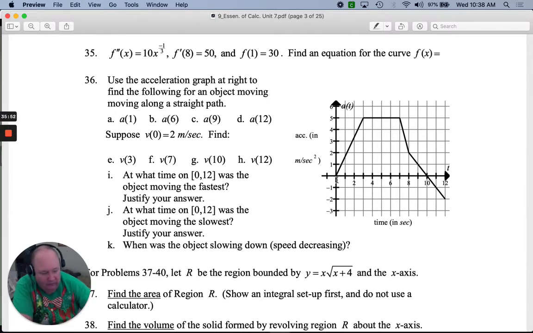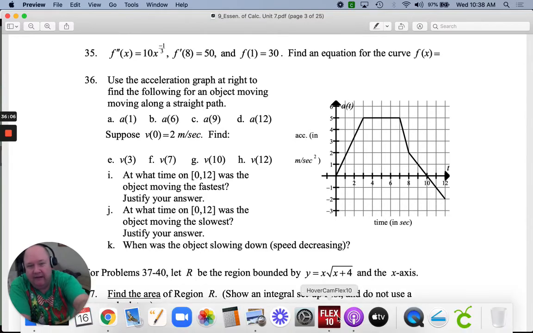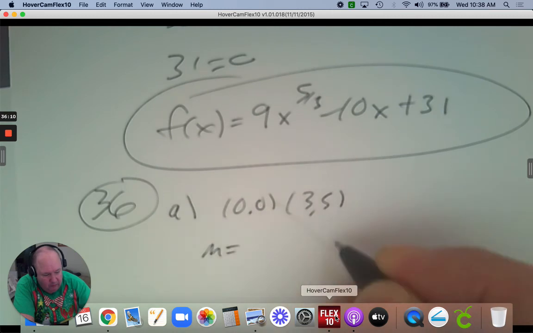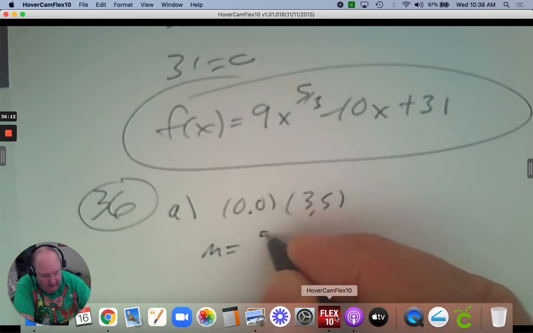So 2 points for that line are 0, 0 and another point for that line is 3 and 5. So what's the equation of that between those 2 points? The slope would be 5 over 3.